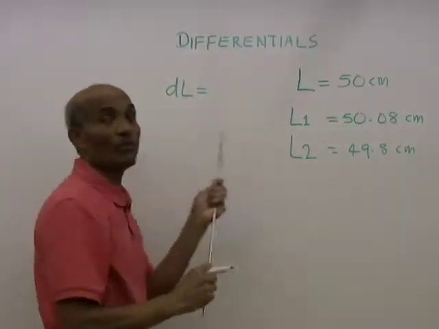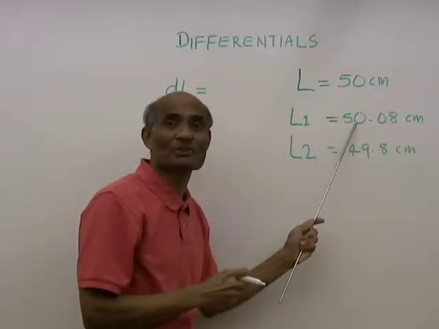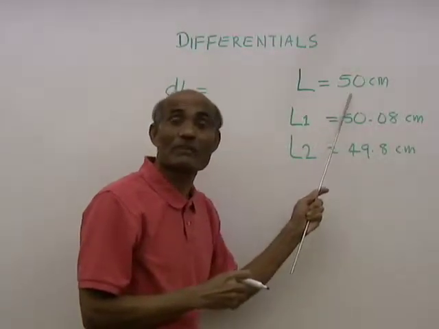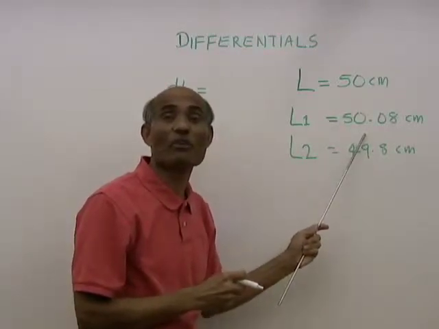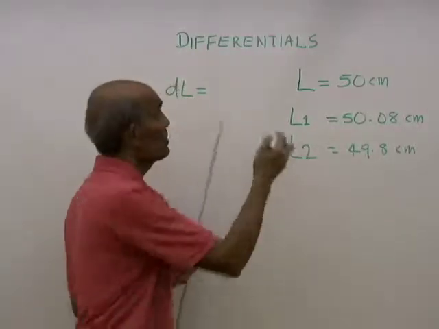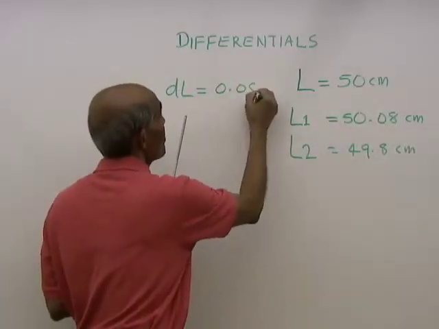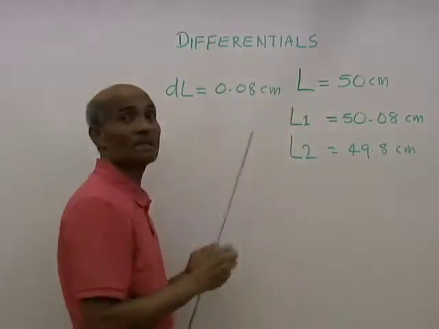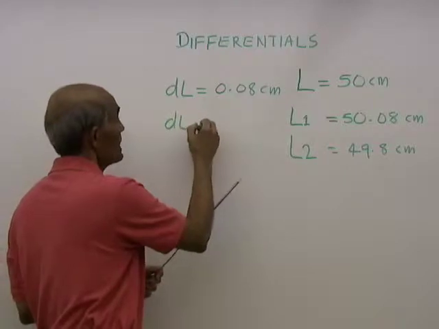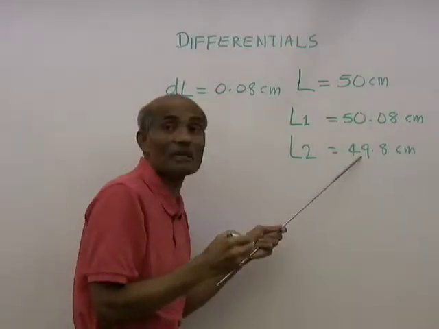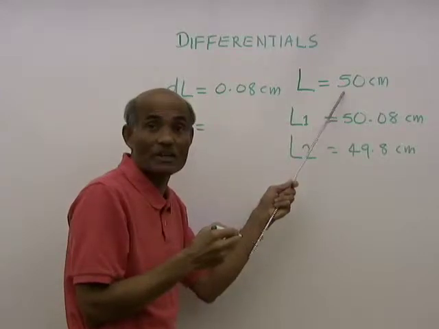Now tell me, what is the error in the measurement made by the first student? In place of getting 50 centimeters, that student got 50.08. So the DL for the first student is 0.08 centimeters. Whereas, what is DL in the case of the second measurement? The actual measurement is 50.